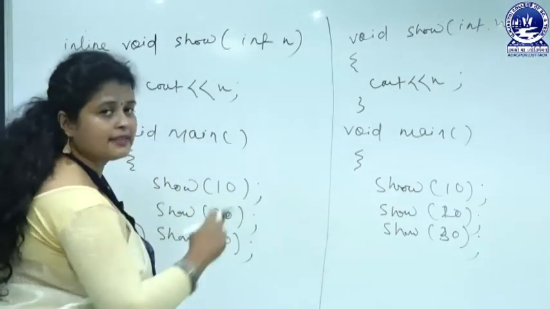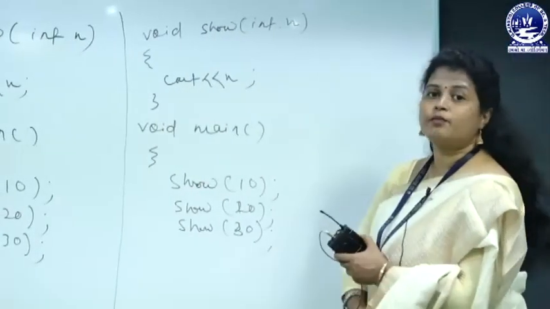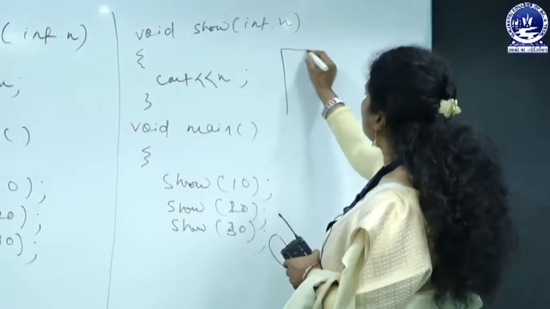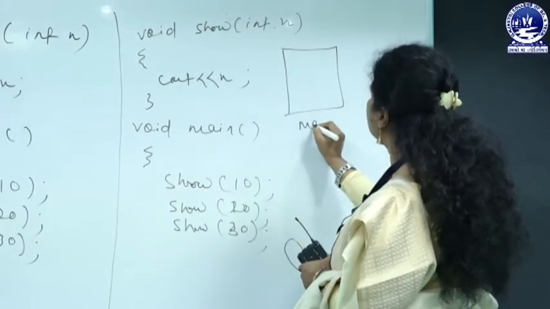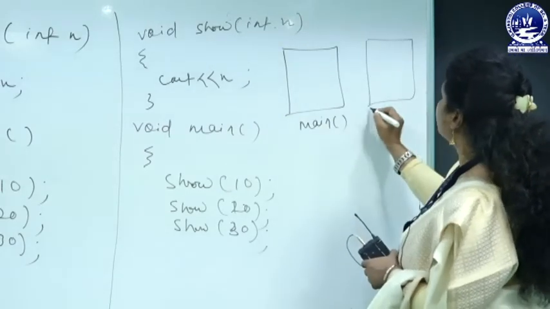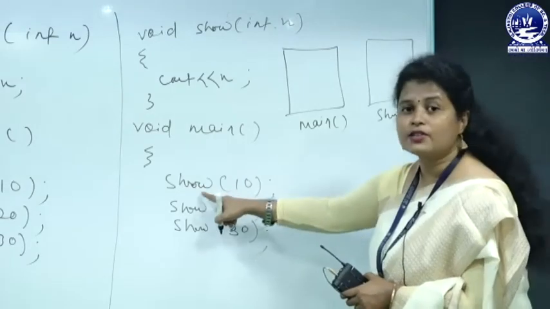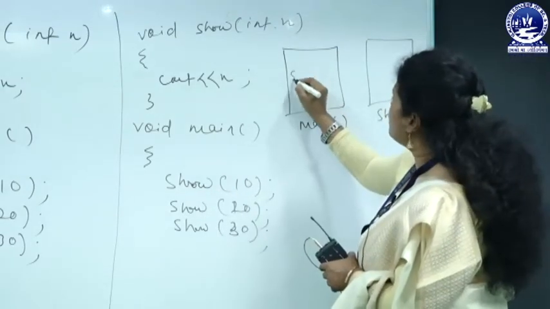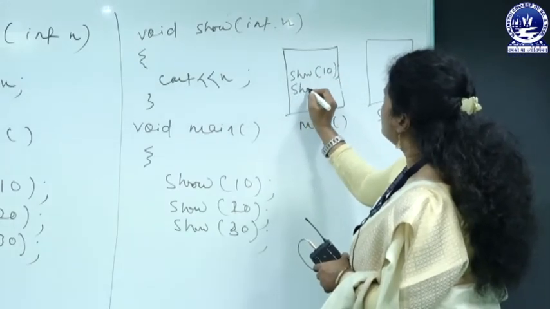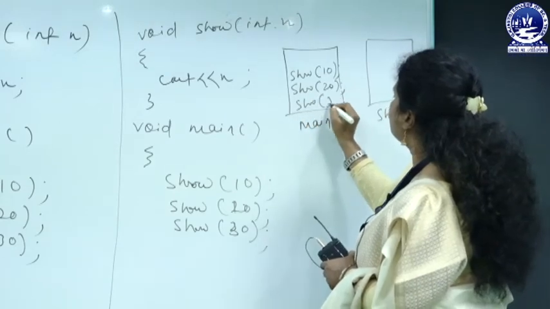What is happening in that case? When I am writing this program and the program is executed, what will happen? Suppose this is void main, the main function, and suppose this is the show function. Suppose the statement show(10) is here, show(20) is here, and show(30) is here.